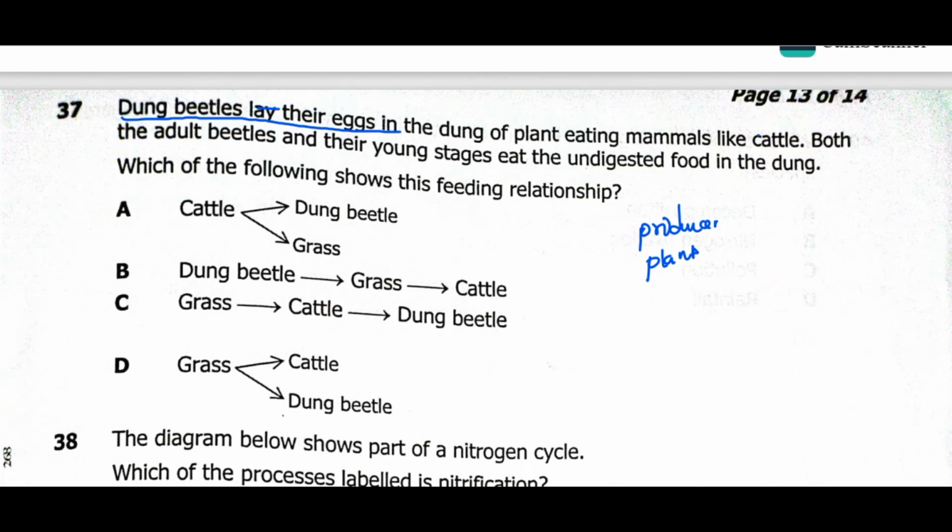So for the dung, these are just small organisms that feed on the waste product produced by the cattle. So the answer will go with this one here. The cattle feed on grass, then they produce waste products such as feces, then the dung beetle will feed on that. So this is the best answer here.